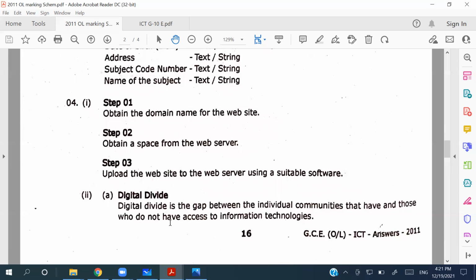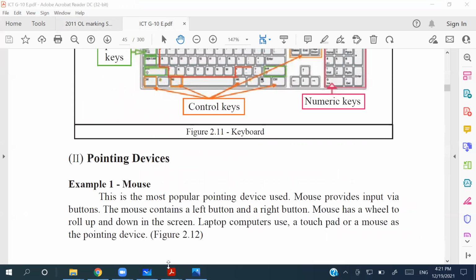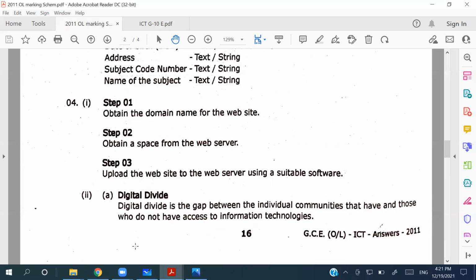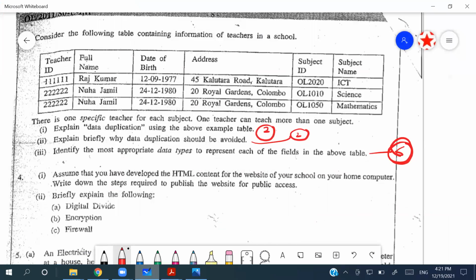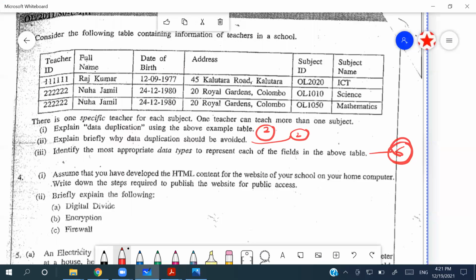So that means 6 marks. Let's go like this, this is not 2 marks. Take it as 1 mark, people.